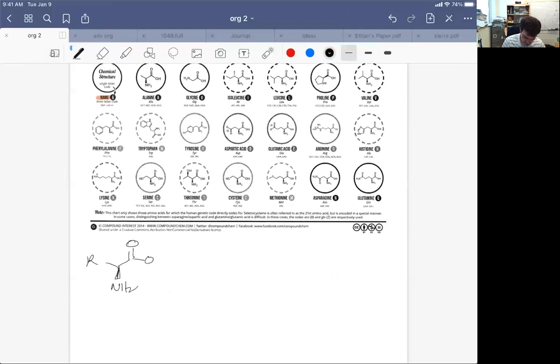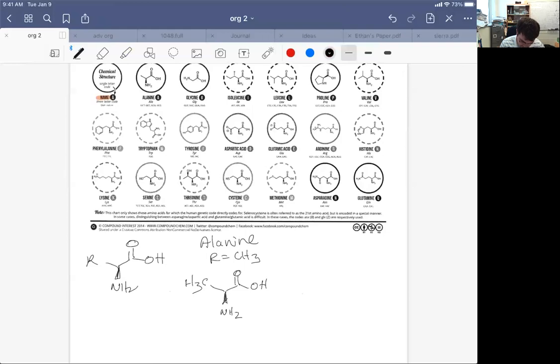I'm considering the neutral form for all of these. We'll get to the zwitterion in a second. In alanine, for example, the R group is equal to a CH3. So we just have a methyl group hanging off of the chain.